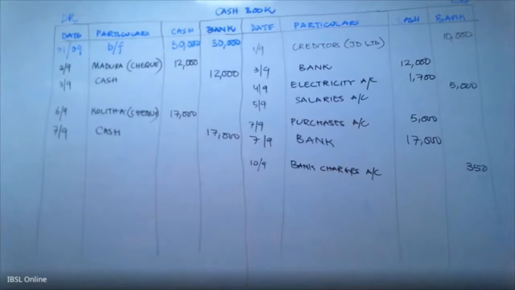Somebody is coming to you with a check where they want rupees 2000 given to them. So you need to collect that check and you need to give them cash. Okay. So that is happening on the 14th.